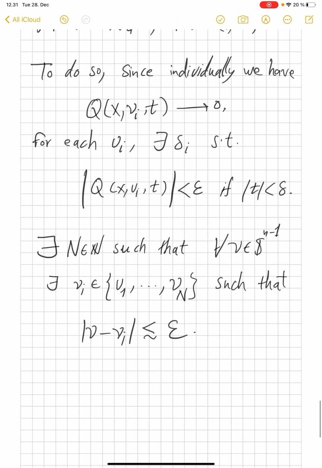It's kind of an epsilon net. So v1 to vN is an epsilon net on your sphere. Actually, you can use this net idea to produce your dense subset. But anyway, the point here is that you know an upper bound on how late you can approximate a v by something from your vi collection within an epsilon error.